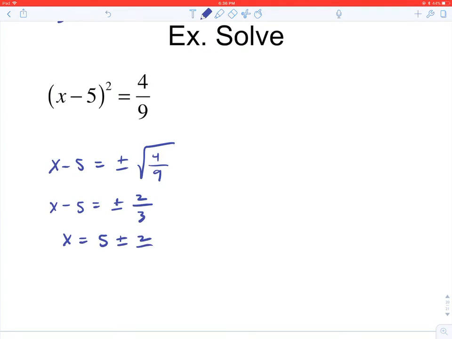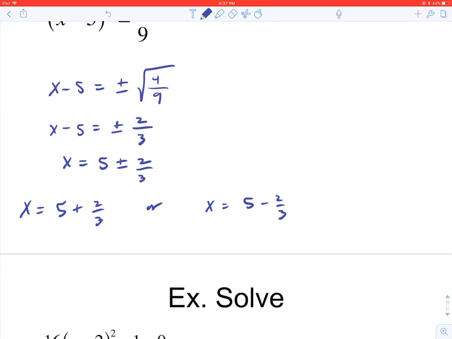We add 5 to each side of the equation. So we get x equals 5 plus 2/3, or x equals 5 minus 2/3. If we want to get a common denominator of 3, we'll end up with 15/3 plus 2/3, which is 17/3.